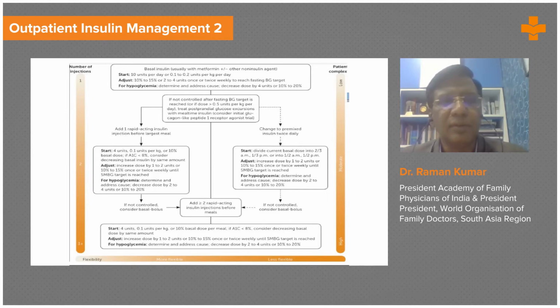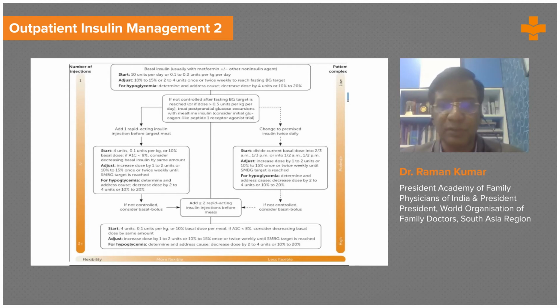And then if there is an episode of hypoglycemia, then you have to readjust accordingly. And if you are not able to achieve your target sugar goals, then again you have to adjust the insulin doses.